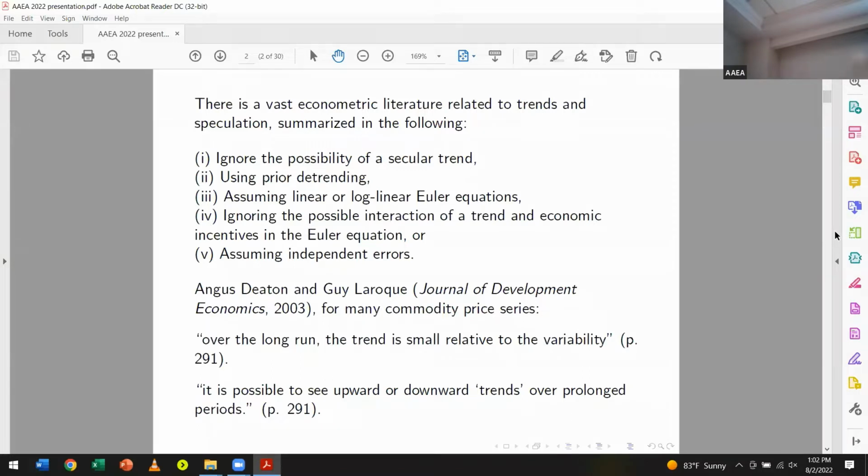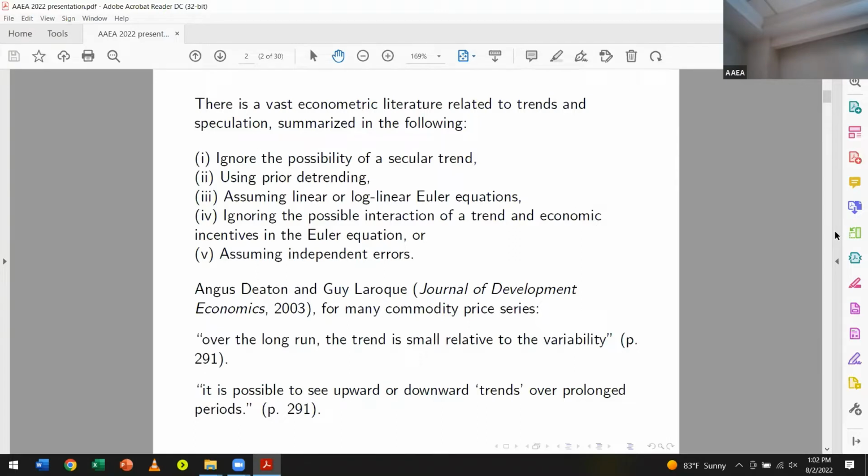Another approach is assuming linear or non-linear Euler equations. The intertemporal Euler equations. If you log-linearize the Euler equations, then they become linear, and then the trend becomes a linear trend, and that's straightforward to deal with. Right? And then another approach is just ignore the possible interaction of the trend, of any trend, and the economic incentives. This is also a very popular approach.